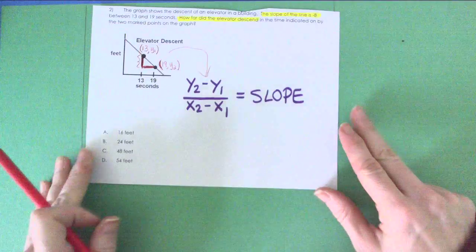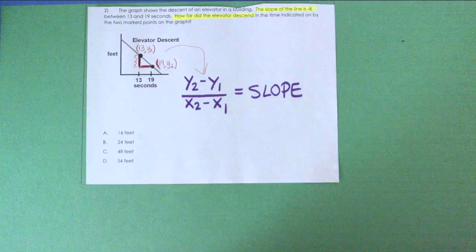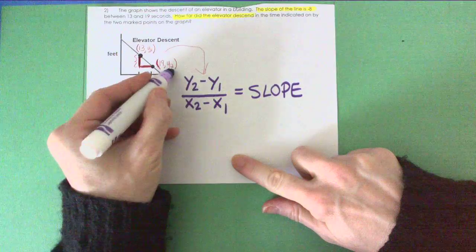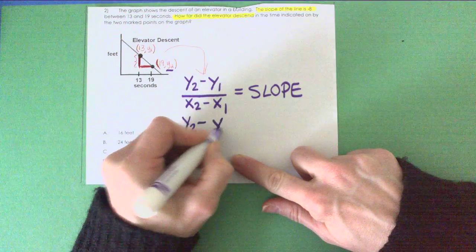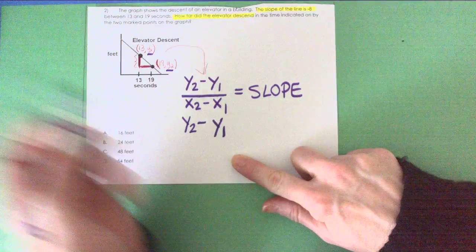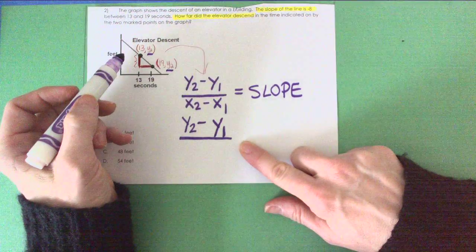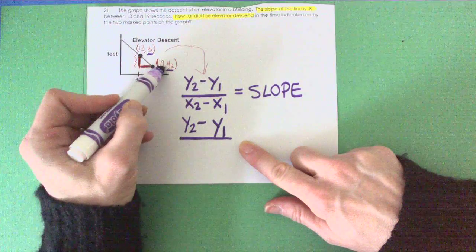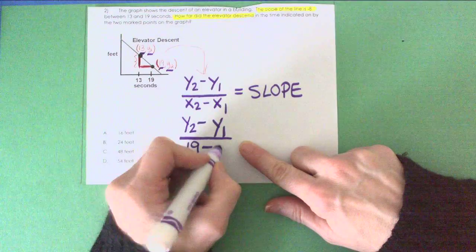Now, if I fill things in, this is what it's going to look like. I'm going to have y sub 2, which I don't know, so I'm going to leave that y sub 2, minus y sub 1, which I don't know, so I'm going to leave it. I do know my x's. X sub 2 is 19, and x sub 1 is 13.